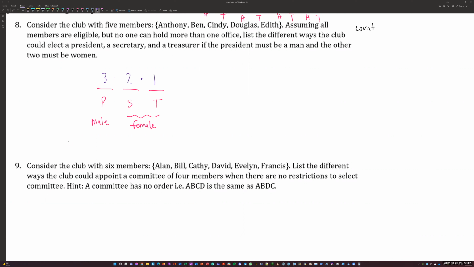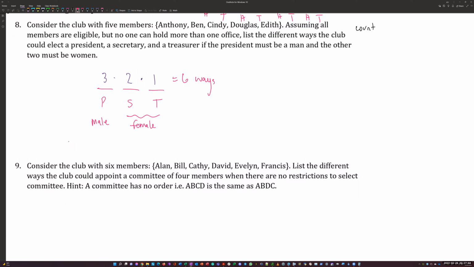Why is there only 1 way? Because the position of secretary would already be taken. We already took 1 of the women. So if I took Cindy for secretary, Edith has to be the treasurer then. Is that correct? Yes. The only one option left. There's only 1 choice left, is correct. Does that make sense? So there would be 6 ways.